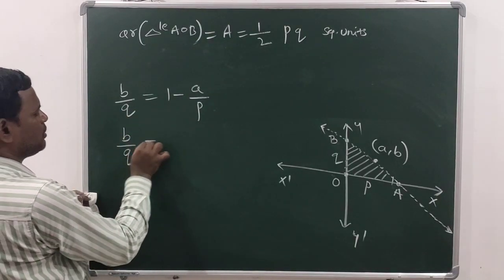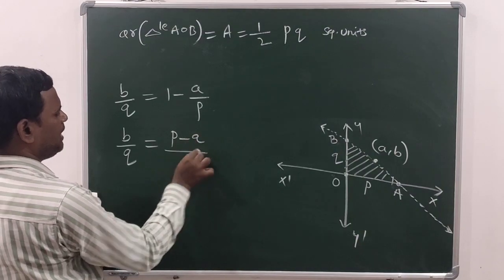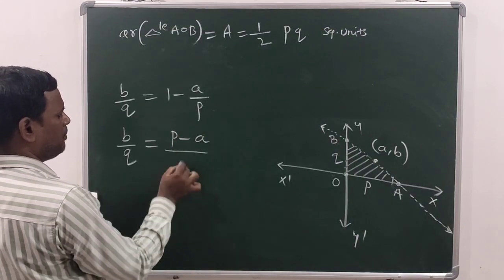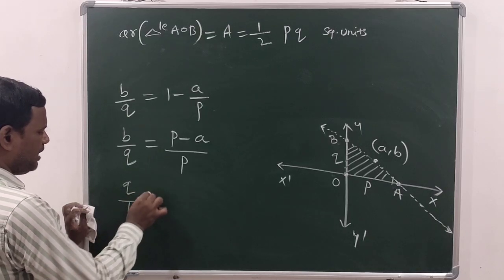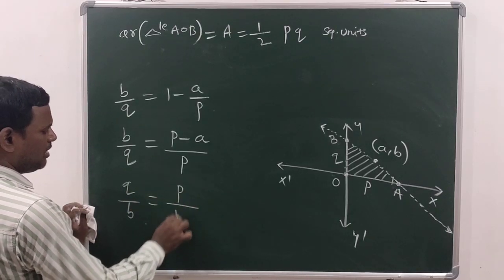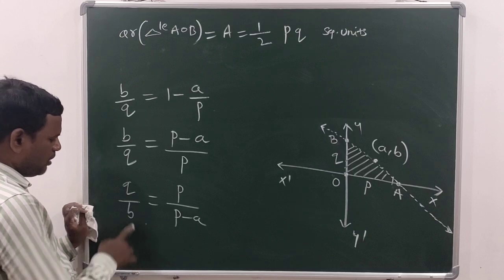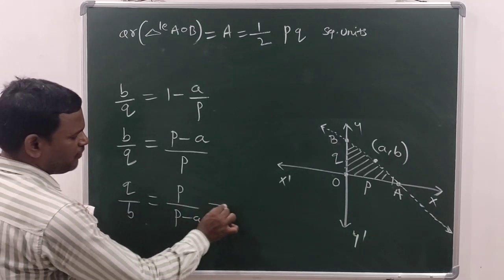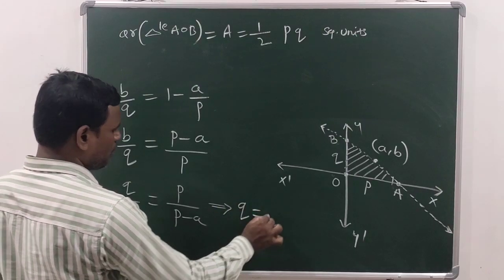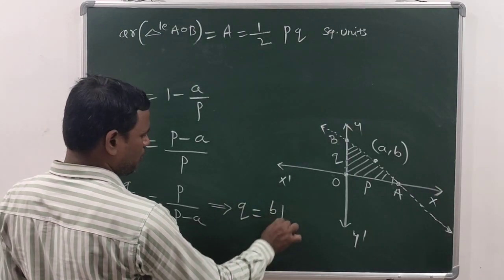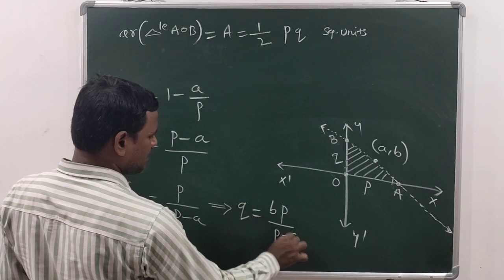B by q, which is equal to p minus a by p. Now reciprocal on both sides. Q by b, which is equal to p by p minus a. Now transfer b to the right side. If you transfer b to the right side, what do you get for q? Q is equal to b into p by p minus a.